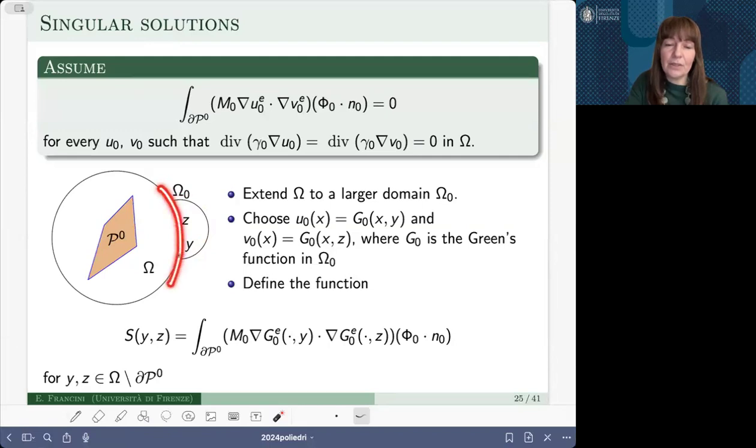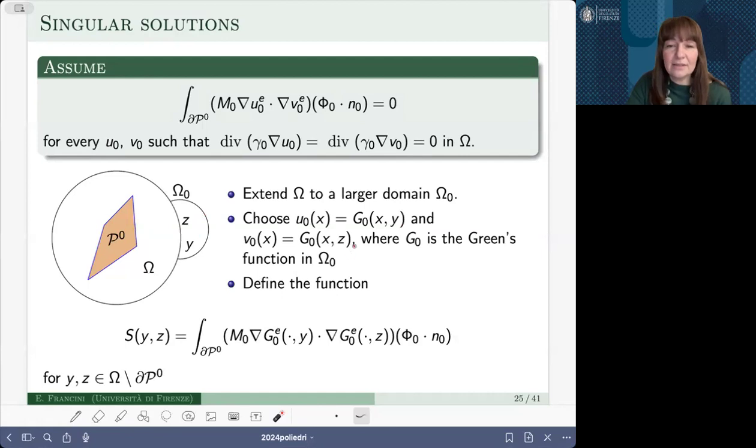So what we want to do is to add this domain close to the part where we are taking measurements. So we extend omega to a larger domain, and we consider as U0 and V0 Green's functions in the larger domain with singularities y and z that live outside the domain omega.